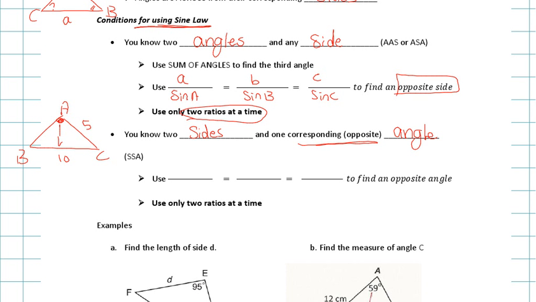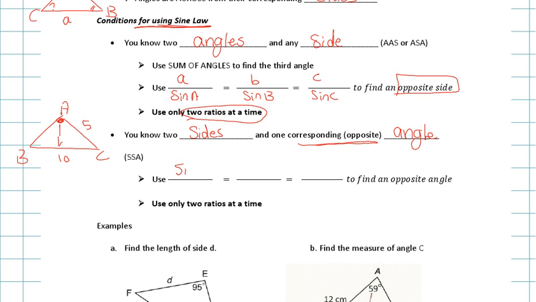We'll see examples. Now when you're looking for an angle, you use this formula. It's the same formula, except it's flipped. We put the sine on the top. And remember, this is called the sine law. That's the reason why it's called the sine law, because it's sine A over a.